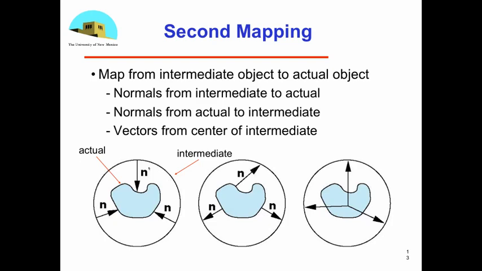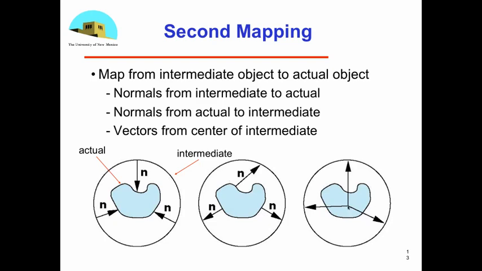Now I can then project down here to place that texture on the object, or I can go from the object out to the sphere or the cylinder and then get the texture value. And notice it's giving me a very different value in these two cases.